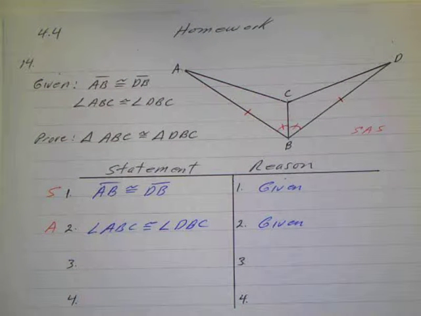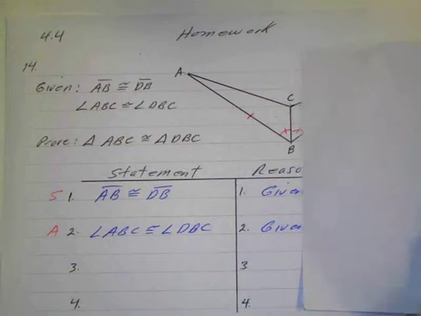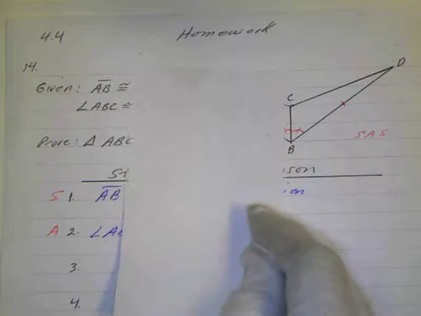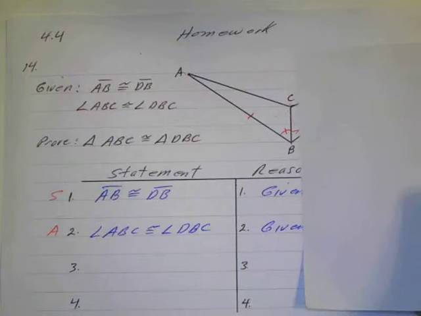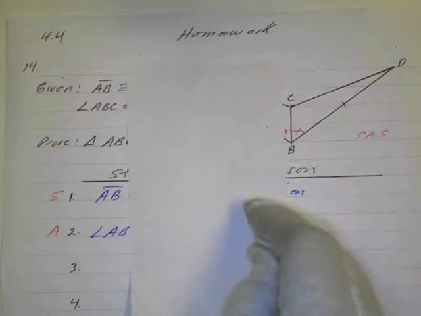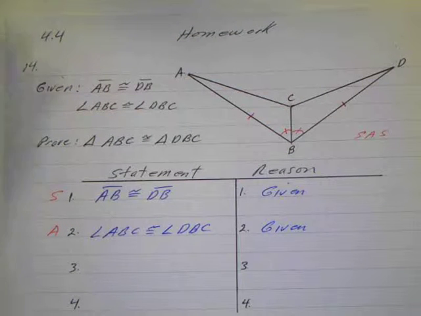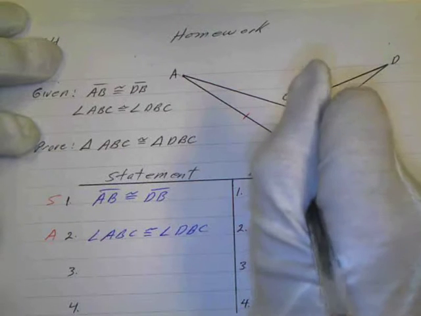Again, we look at our two triangles. Here's triangle ABC, and notice that we've got side CB. And we have triangle DBC, and we also have side CB in there. So CB is in both triangles. It's a common side, so we can say it's congruent to itself by the reflexive property.